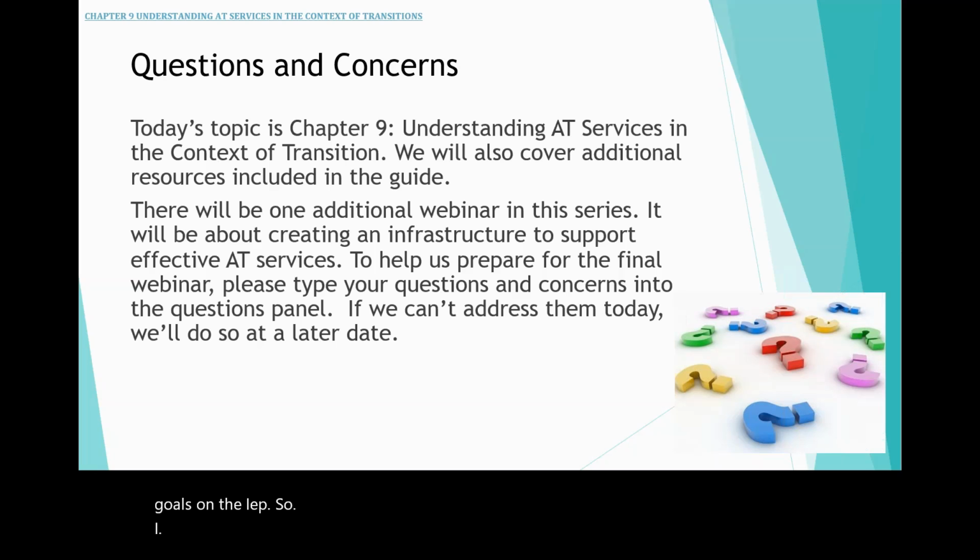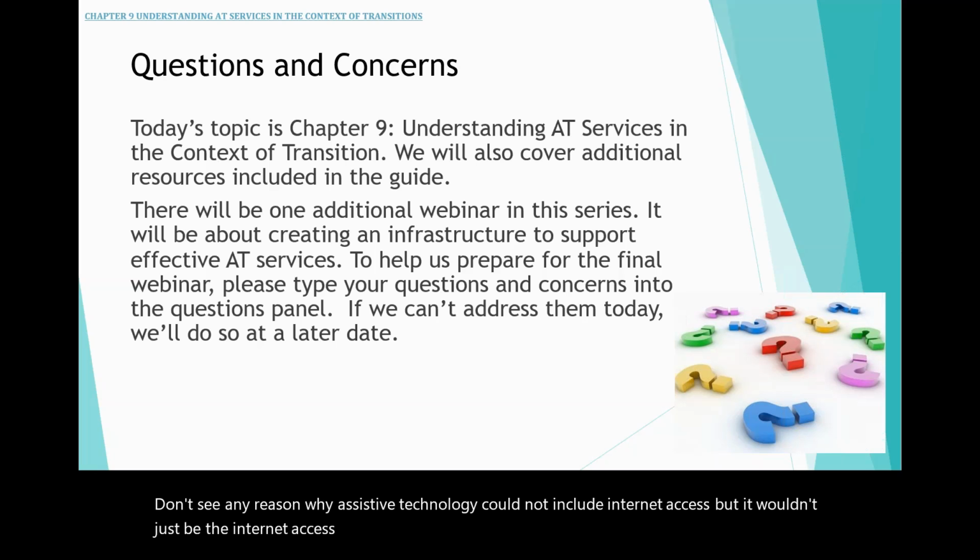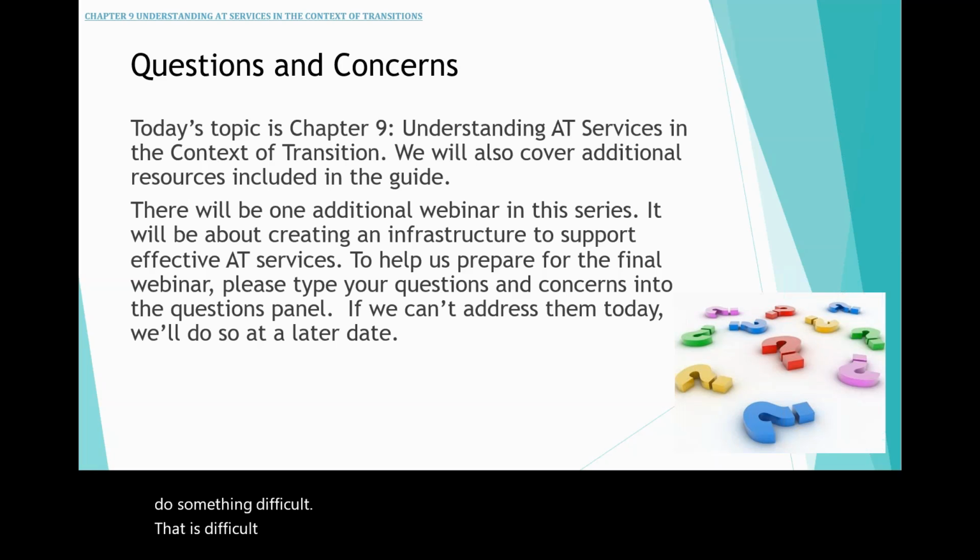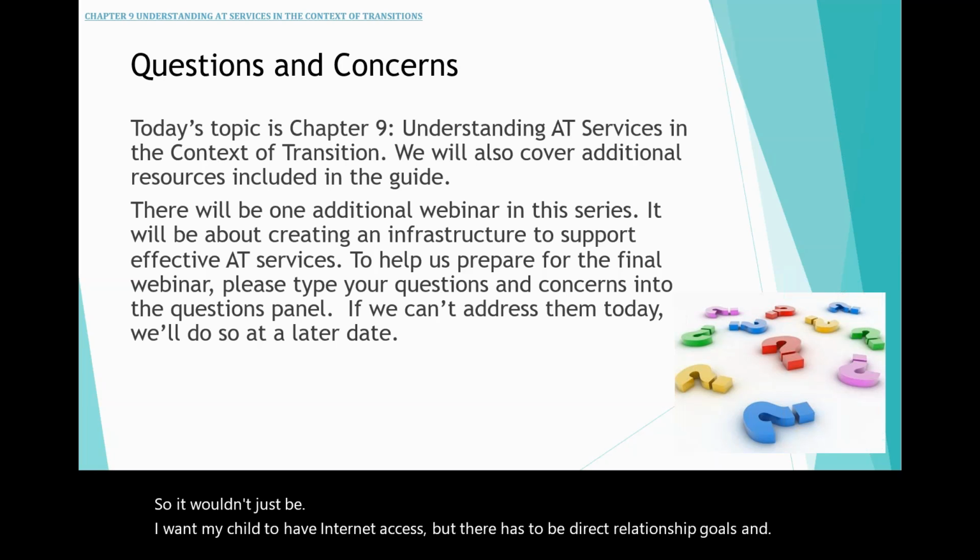So I don't see any reason why assistive technology could not include internet access, but it wouldn't just be the internet access, because what we need to demonstrate is that the child will be able to do something that is difficult or impossible because of their disability. So it wouldn't just be, I want my child to have internet access, but there has to be a direct relationship to goals and overcoming barriers.